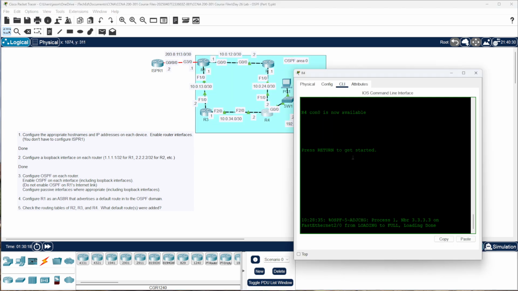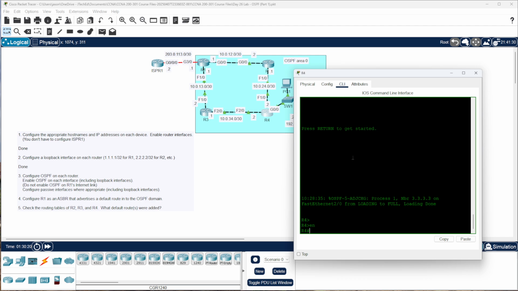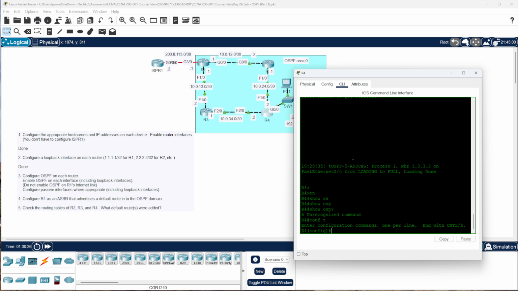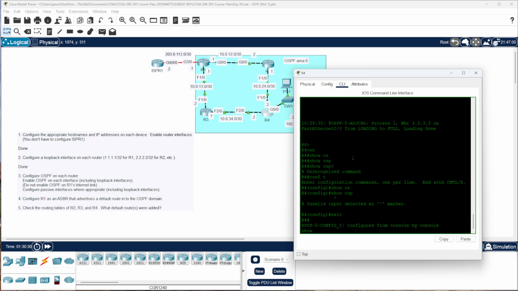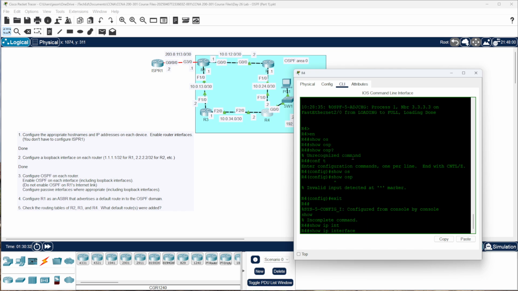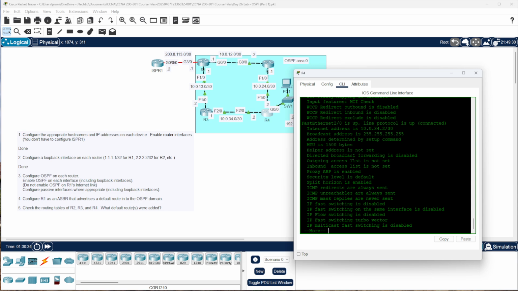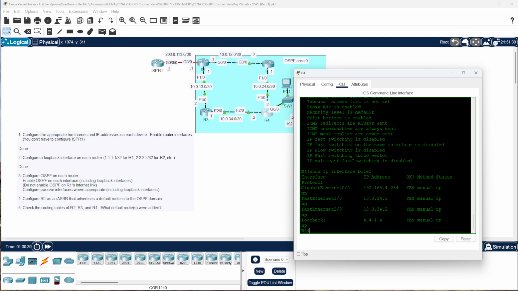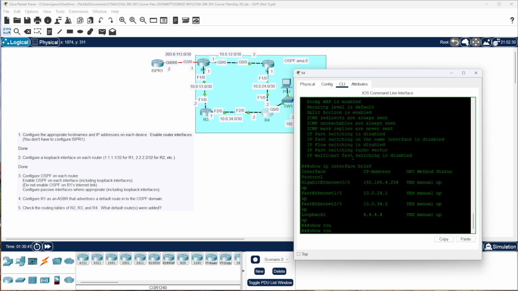You know what? Okay, so there's commands. Show OSPF, right? Maybe something with the config. Show. Okay. Just do brief. Show router.